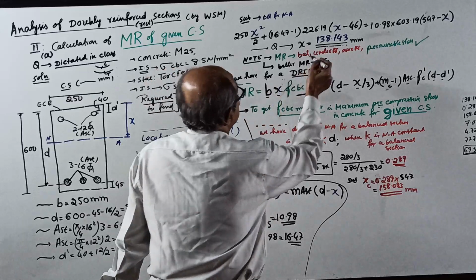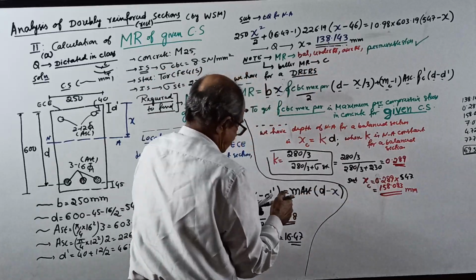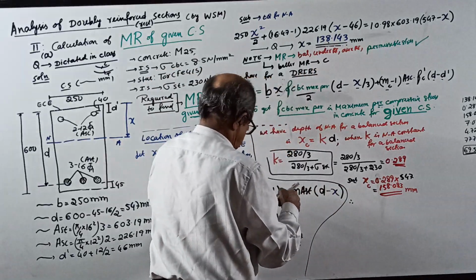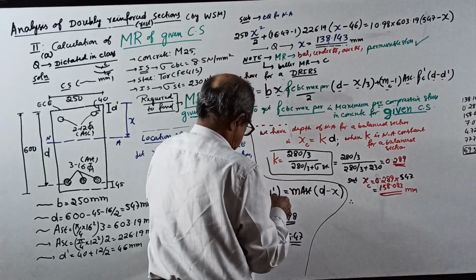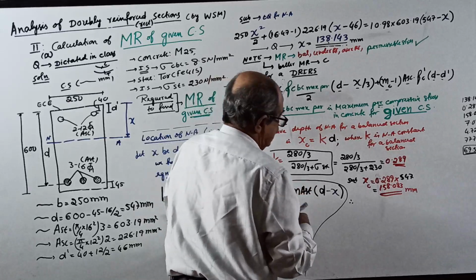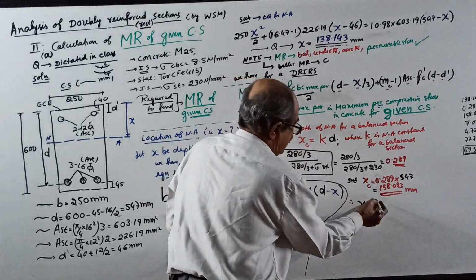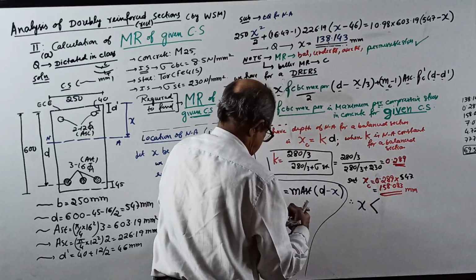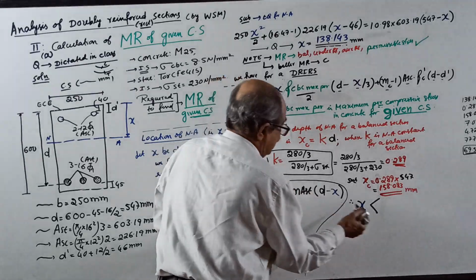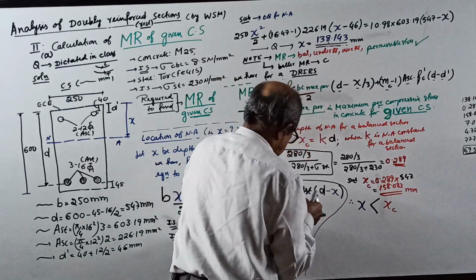Now compare your X, whatever you got, with the XC. Therefore, X is less than XC. See, I always take care.